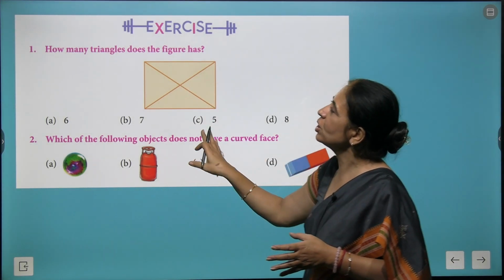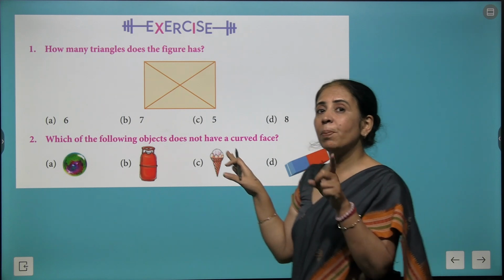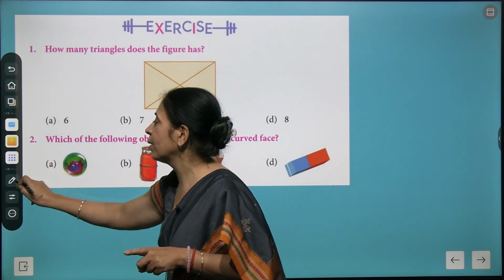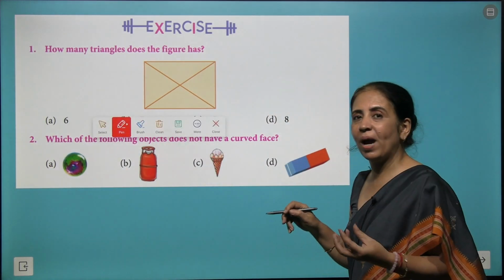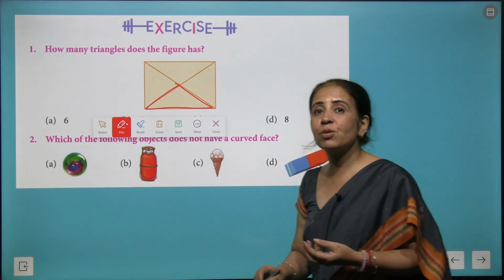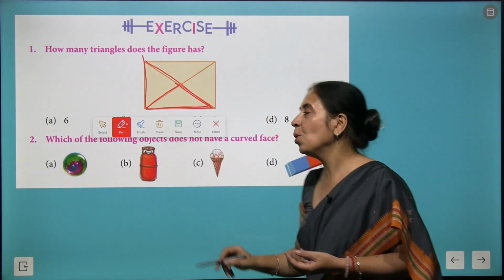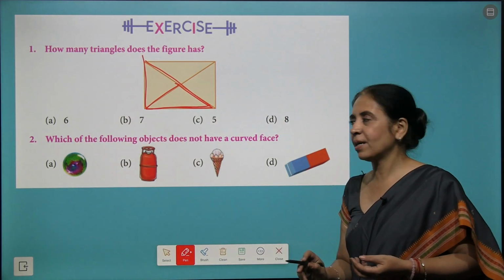Now in this question, you have to find how many triangles are there. But make sure that you do a right counting, because some triangles are small in size here like this, and some triangles are even bigger in size like this. So be very careful when you start counting.